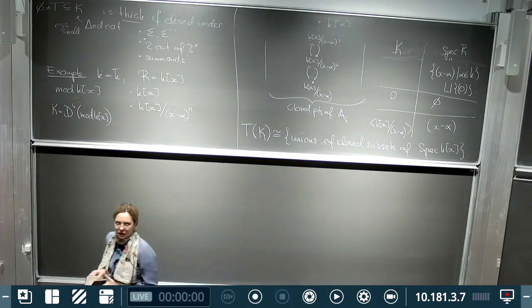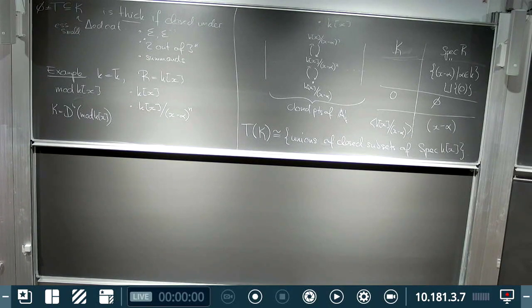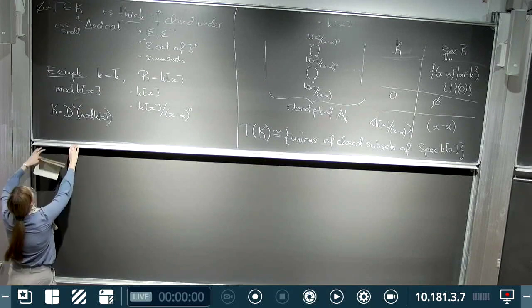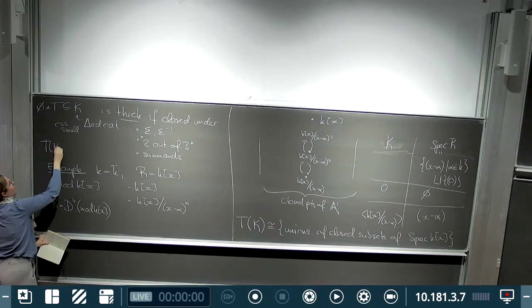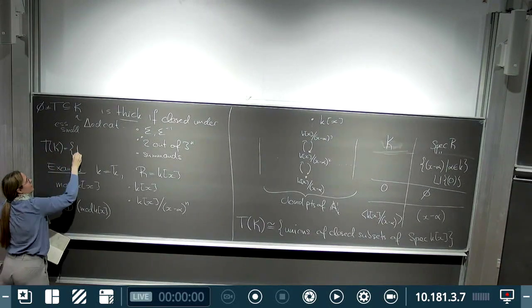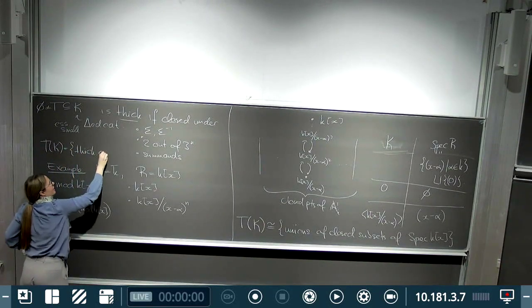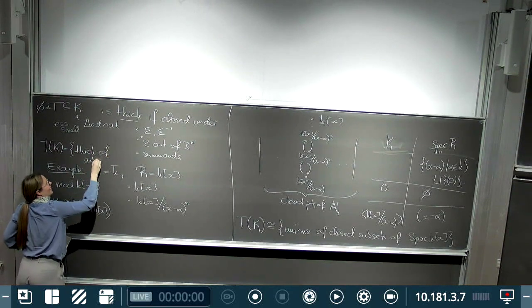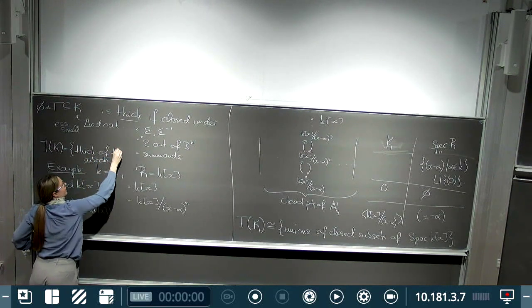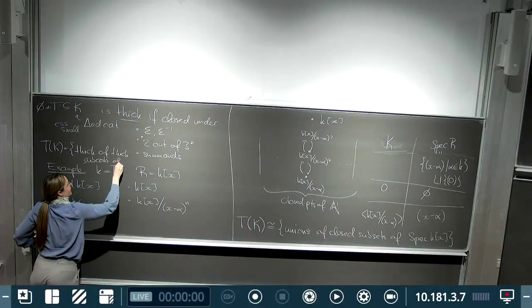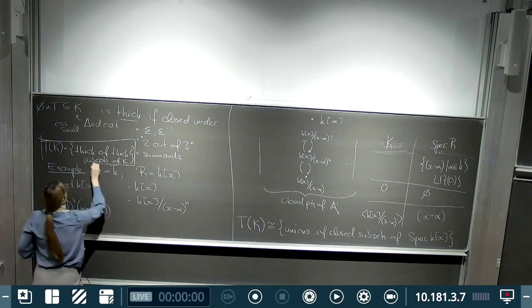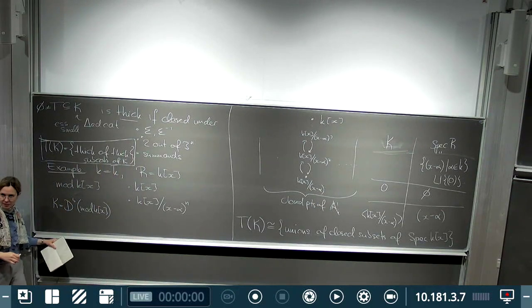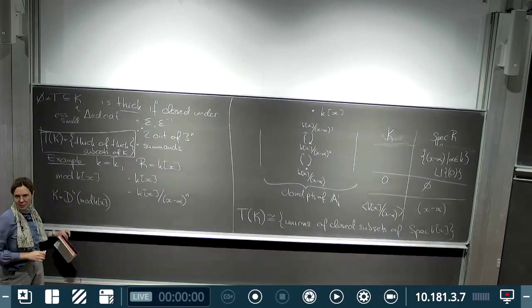Could you remind me what T of K is? Is it the lattice associated to? Yeah, of course. That's a good point, and that's very important. T of K is, so far, just the set of thick subcategories of K. Thank you very much. This is going to be throughout. So for now, just the set of it. Lattice of this? But we don't know that yet, right?